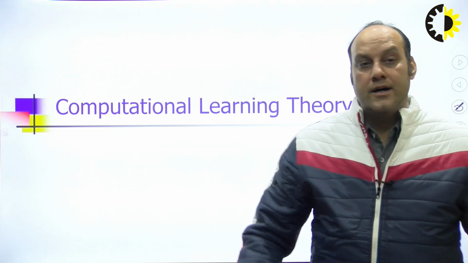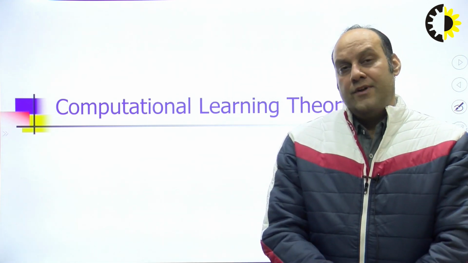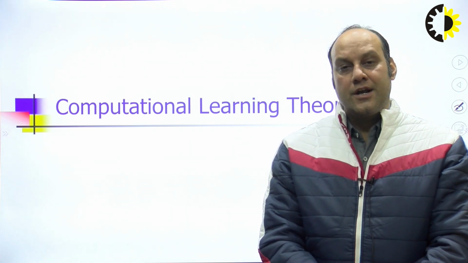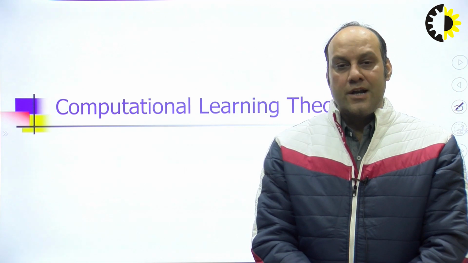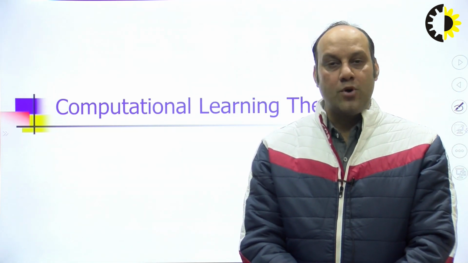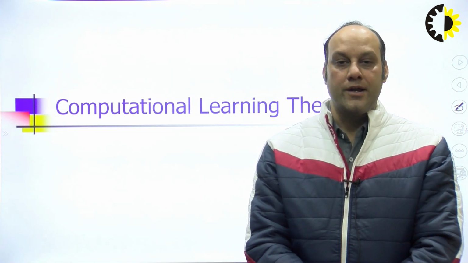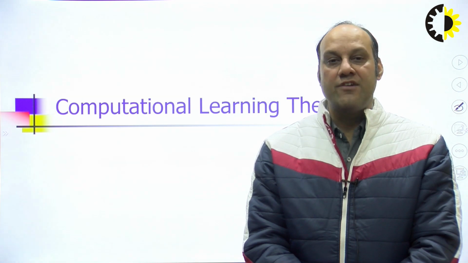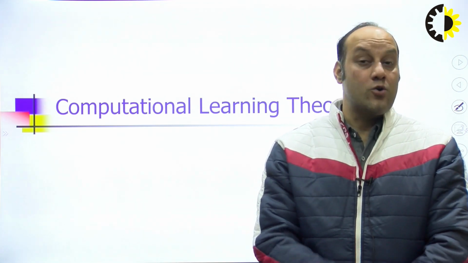As the name suggests, computational learning theory. We have already studied that machine learning is a multidisciplinary subject. In machine learning, we give a number of examples, a number of instances, to a machine, and the machine behaves accordingly. It gives the output, the result, according to the algorithm that we are going to implement.